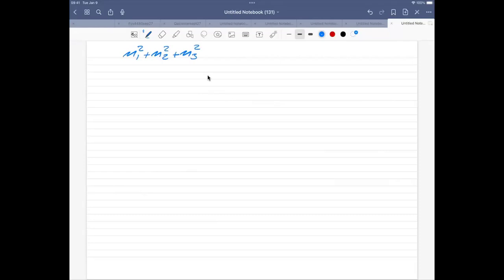If we make a table with n1, n2, and n3, and then list the possible number of electrons with spin up and spin down, every level is occupied by one electron with either spin up or spin down.